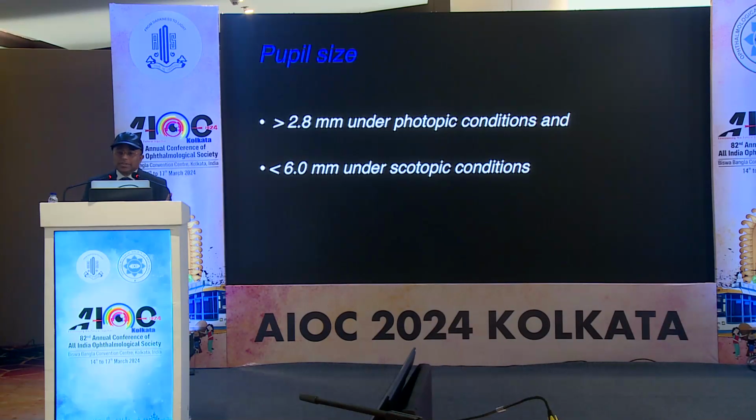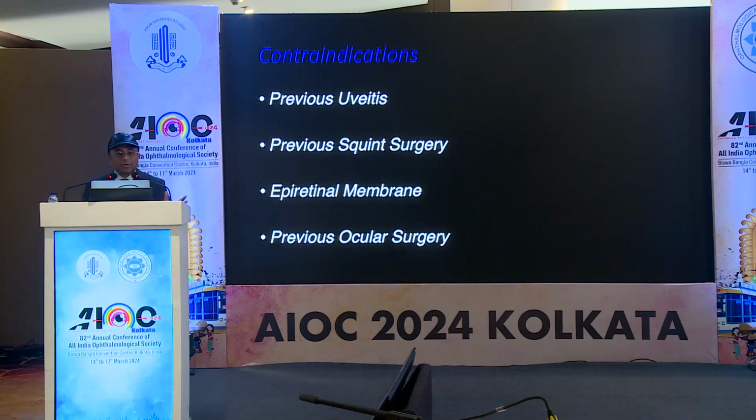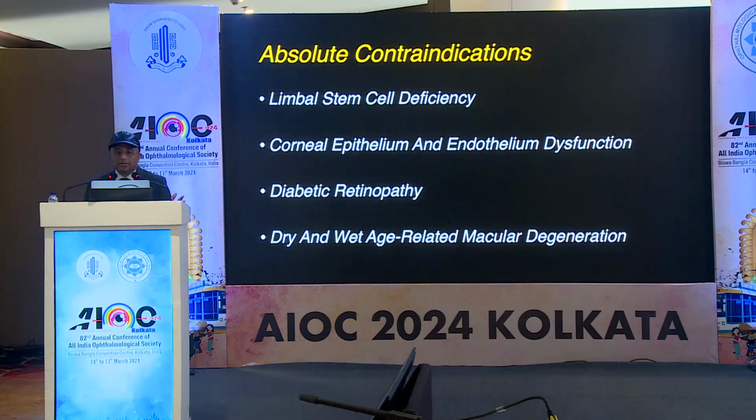As for the pupil size, the optimum range that is recommended is more than 2.8 mm in photopic condition and less than 6 in scotopic. There are a lot of contraindications. Some are relative, some are absolute. One thing we need to mention, as it was mentioned very rightly in the first talk, is that dry eye disease needs to be treated first.